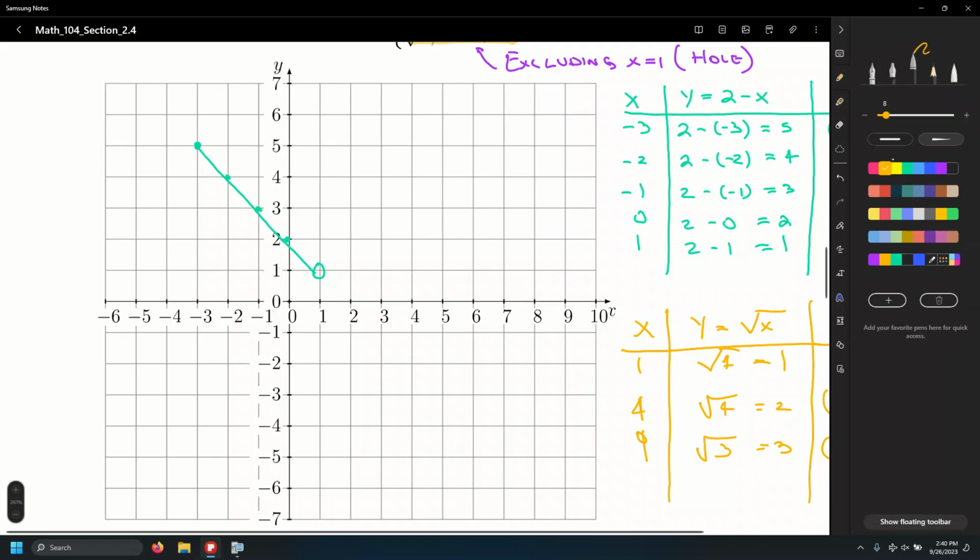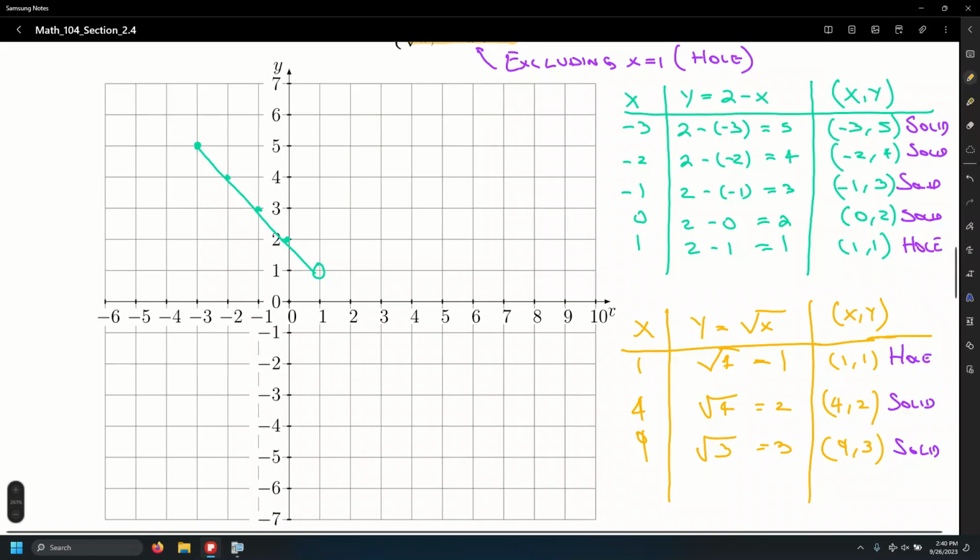So let me use yellow for this. And again, let me do an open circle here, overlapping with the green one. And then that's (1, 1), then (4, 2), and then (9, 3). And that's going to give us something like this, maybe.